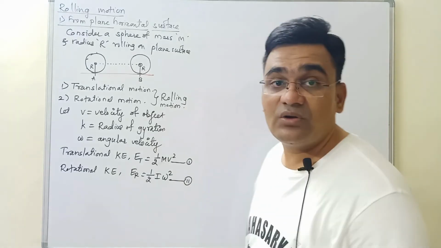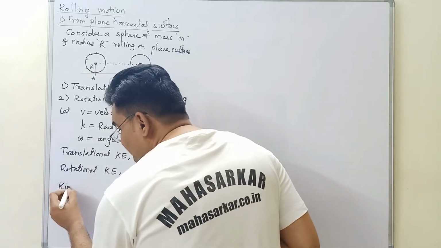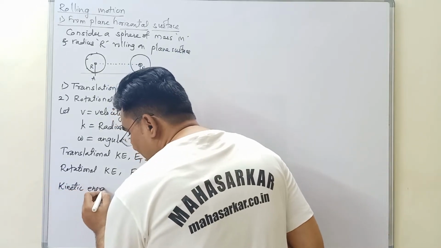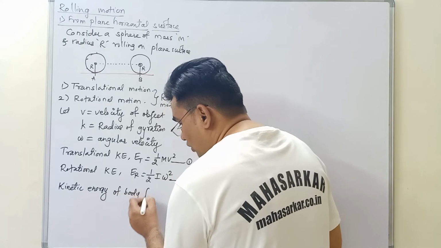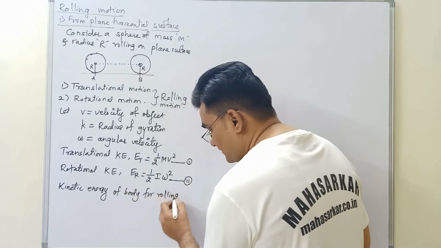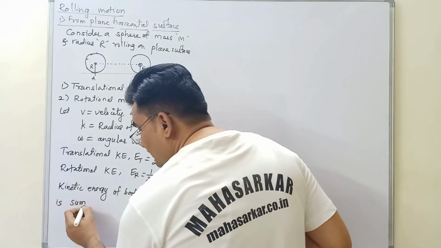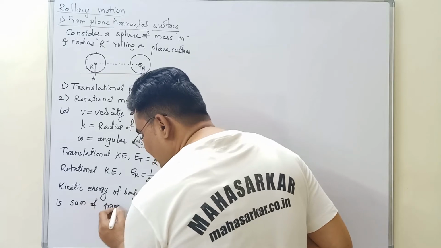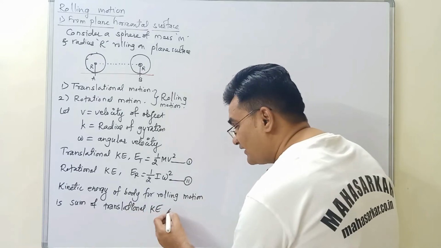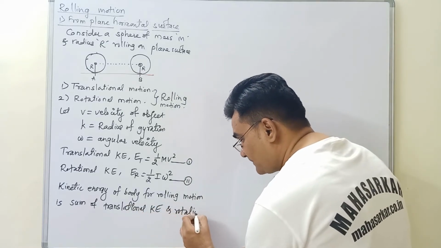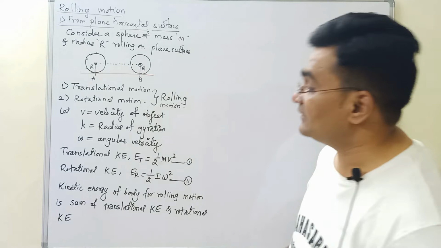Now if you want to find the kinetic energy of the body or sphere in rolling motion, then we can say it is simply the sum of translational kinetic energy and rotational kinetic energy.